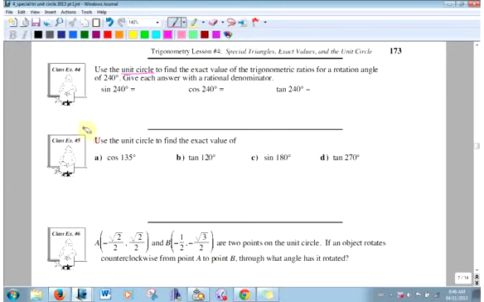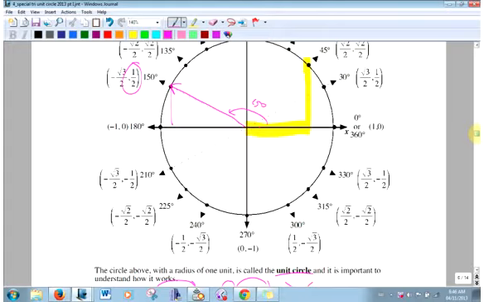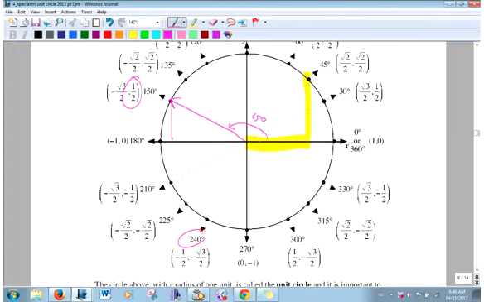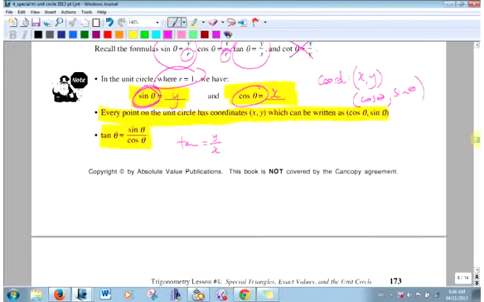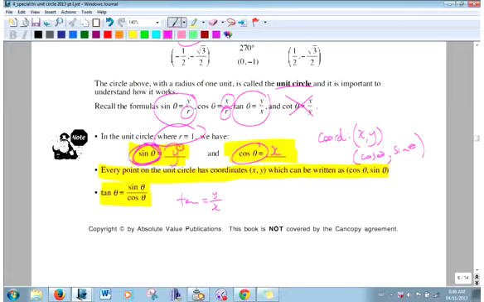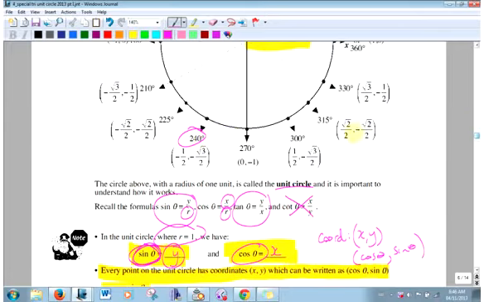Okay, 240. Where's 240? Down here. What is sine theta? Sine theta is y. What's the y coordinate for 240? Negative root 3 over 2. Okay? Piece of cake.